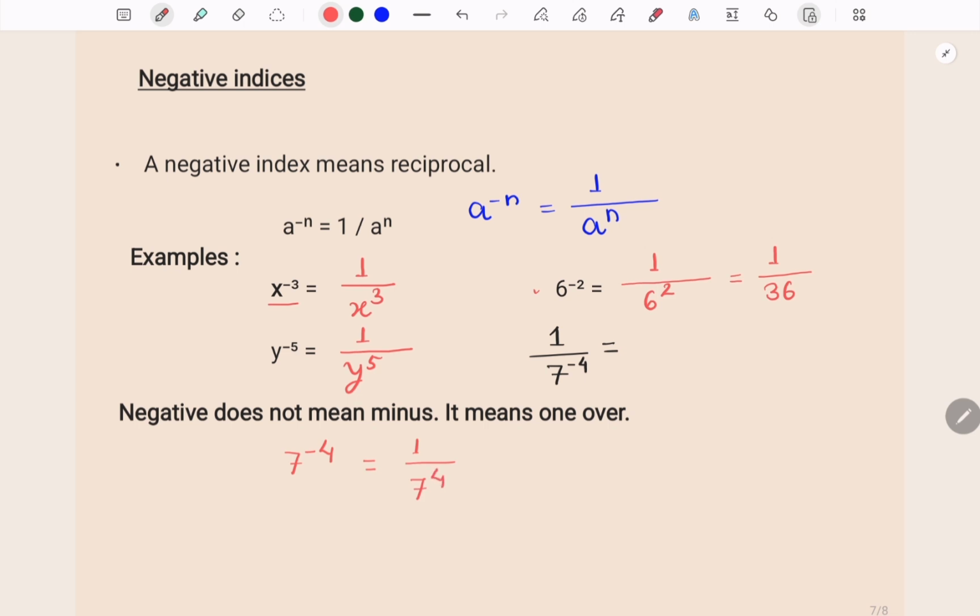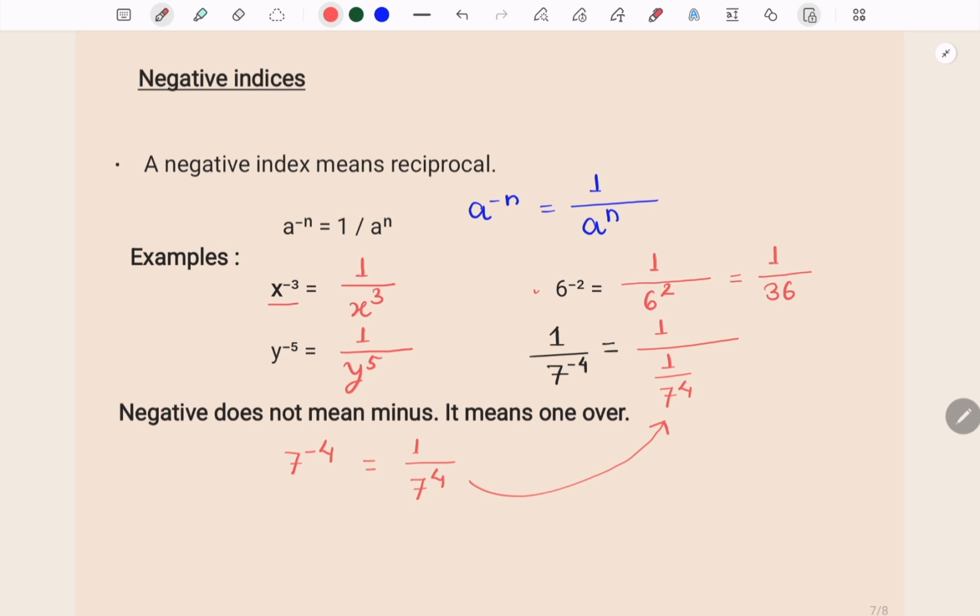Now, if you put the value of 7 raised to the power minus 4 as 1 divided by 7 raised to the power 4 here, it will become 1 divided by 1 divided by 7 raised to the power 4.